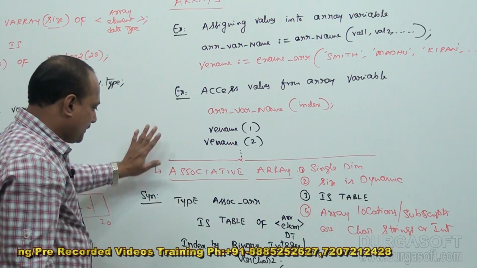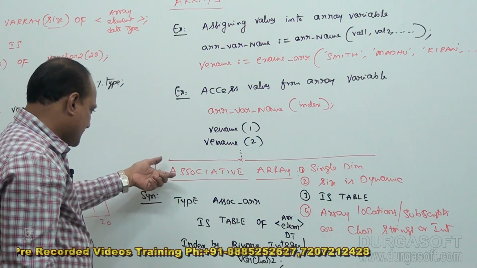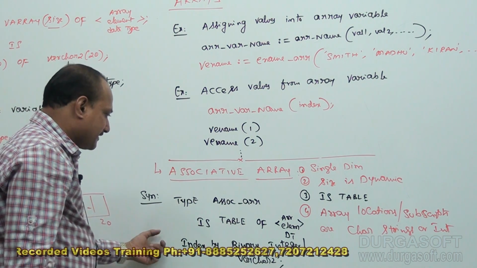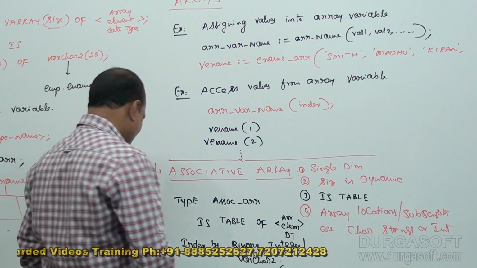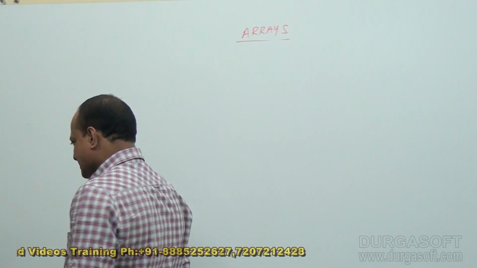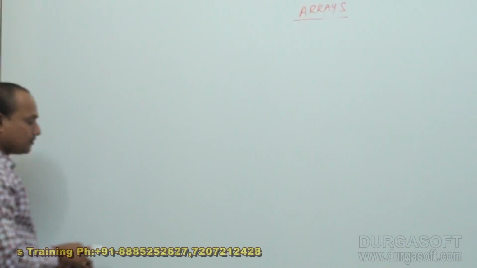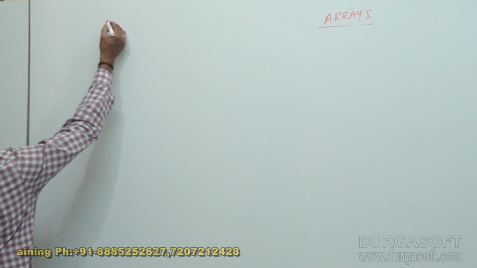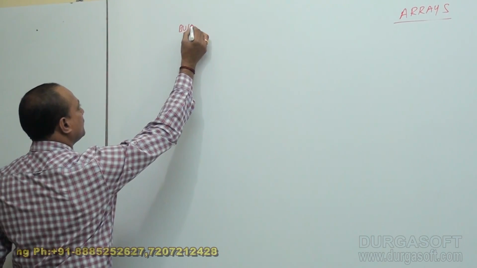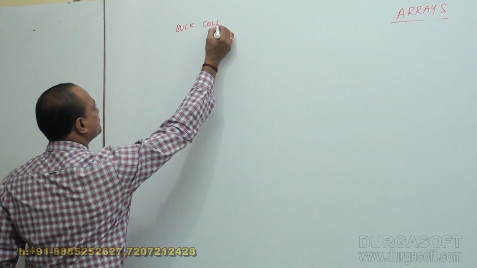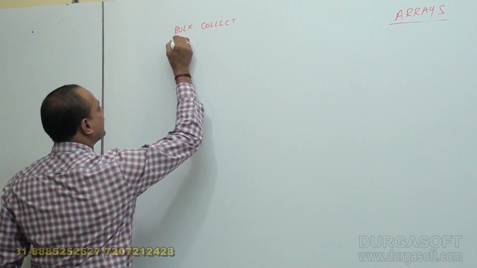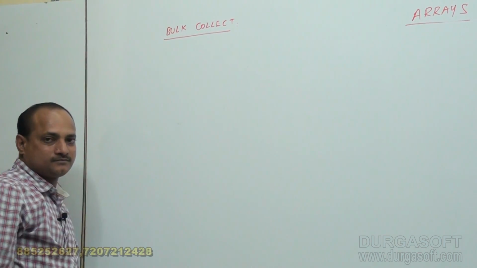Okay, so by using associative array, let me write one sample program that is called BULK COLLECT. Bulk collect is the most important concept. It plays a key role in the performance of the programming. Bulk collect is a keyword.